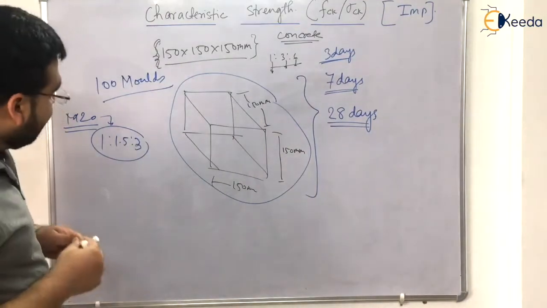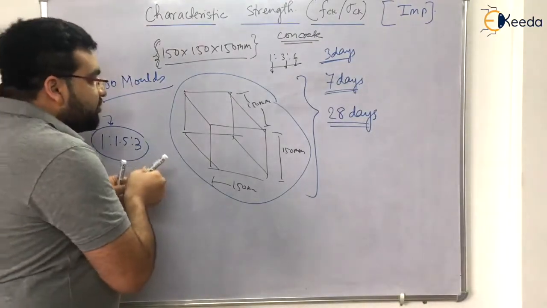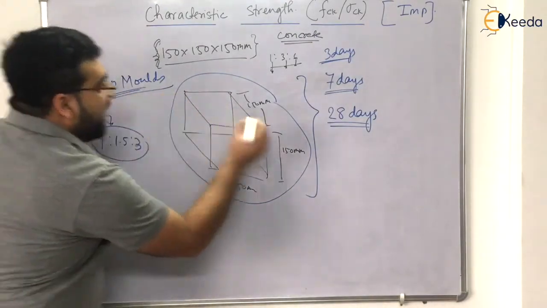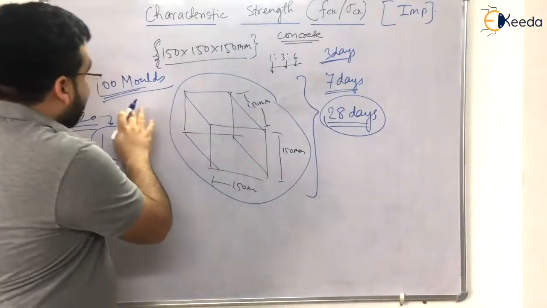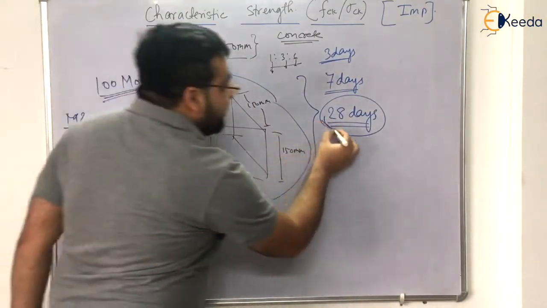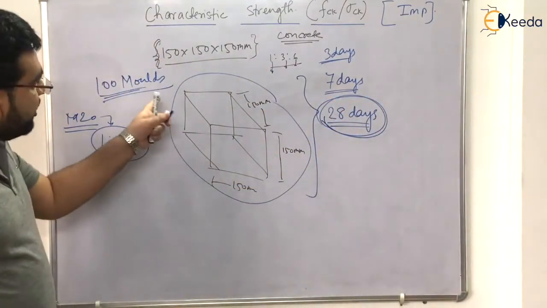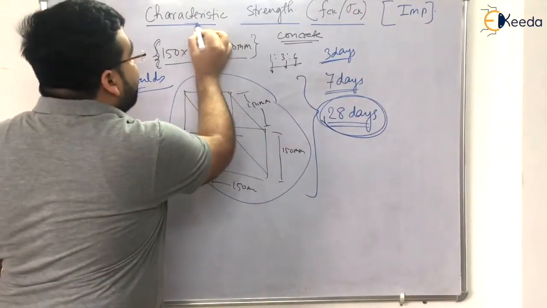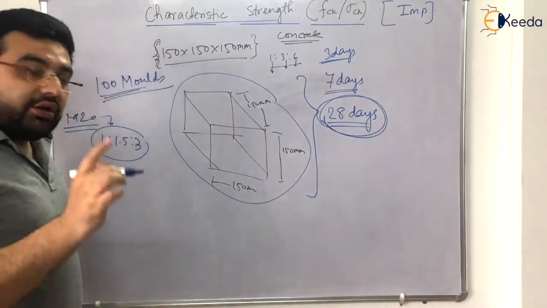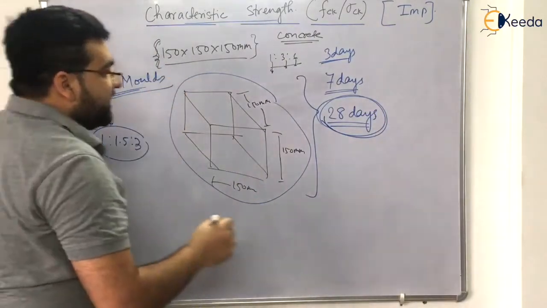Now you have placed concrete in it. Now you are checking the strength of these 100 molds after 28 days. Always remember. So the definition of characteristic strength is that not more than 5% of the molds.